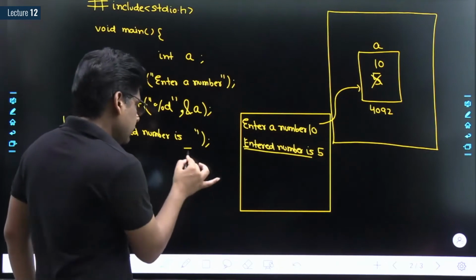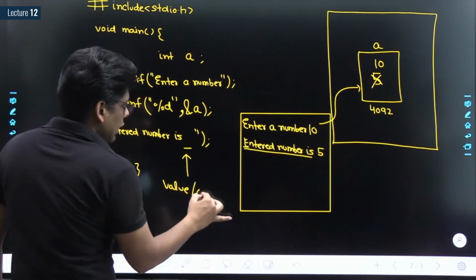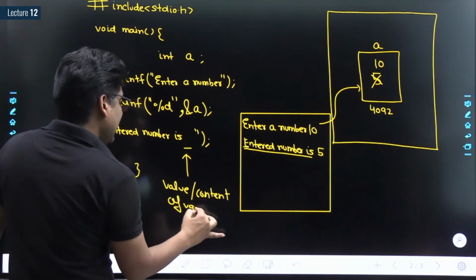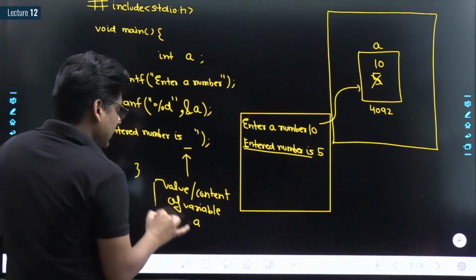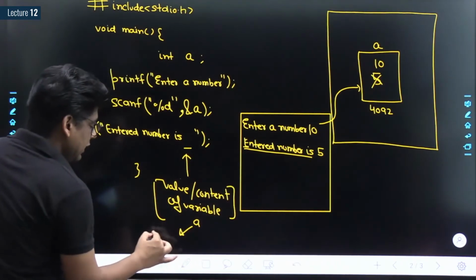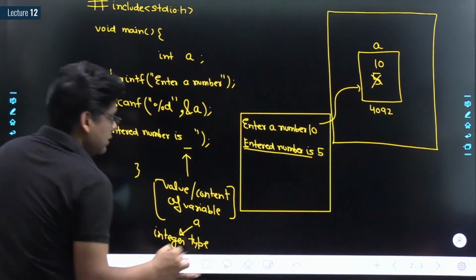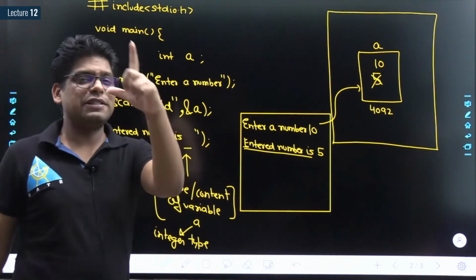We want the value or content of variable A. What is the content of variable A? Integer type. That means what I need to do here is proper use of the format specifier.